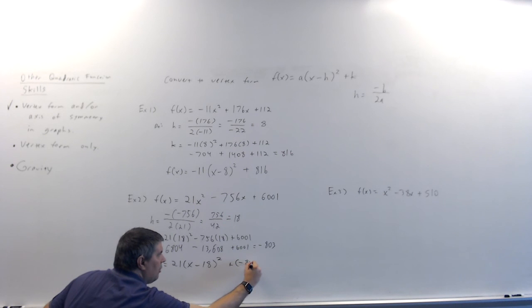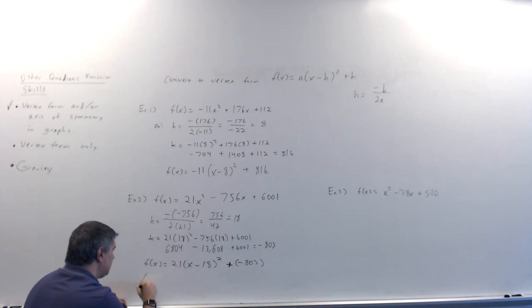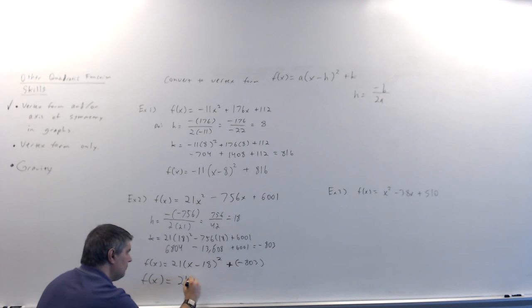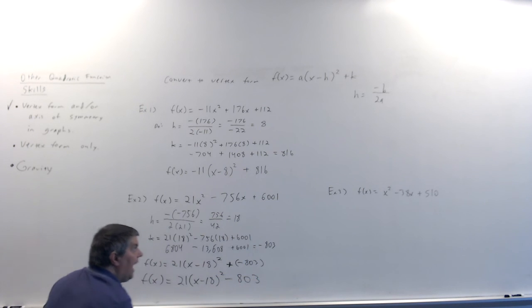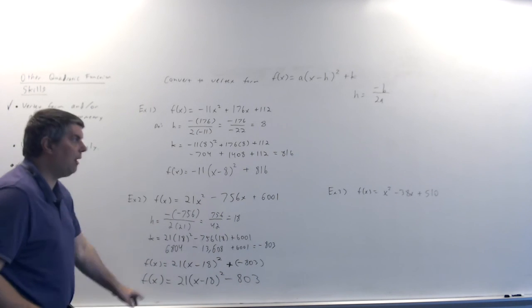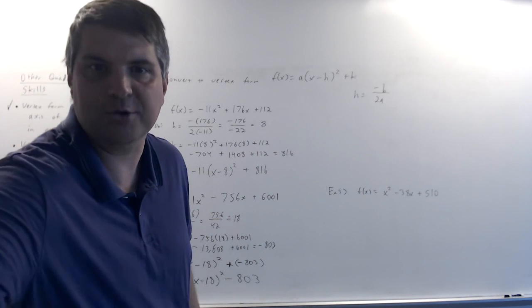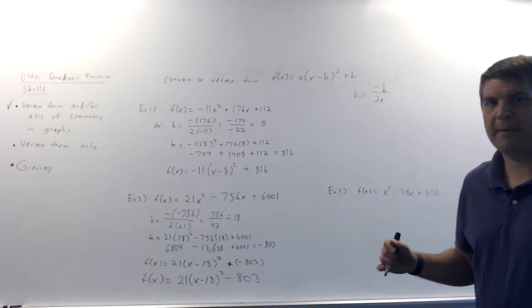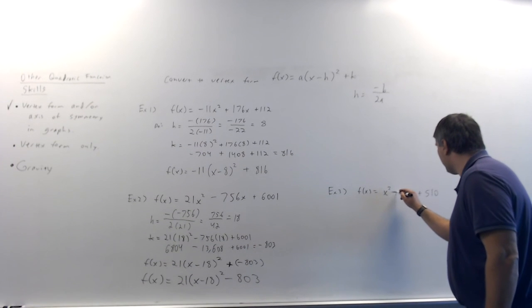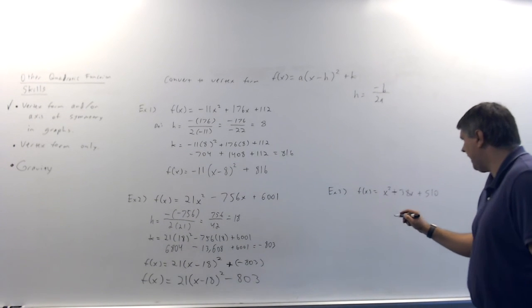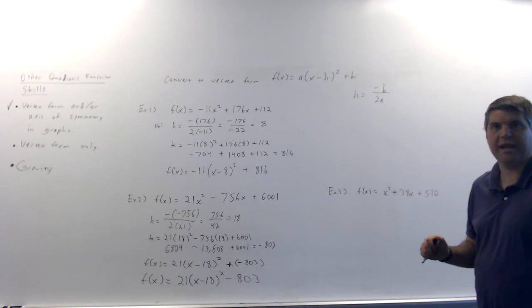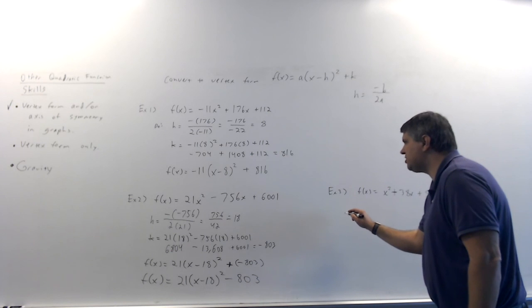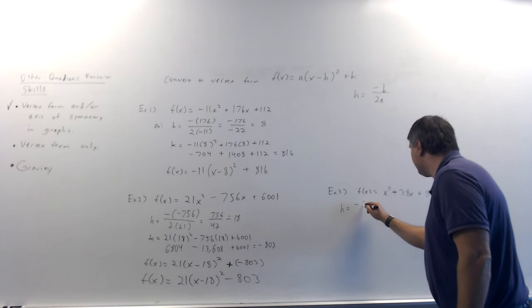Okay, so f of x equals a is 21, x minus the 18 squared plus negative 803, which will be promptly rewritten. Adding a negative is the same as subtracting. And I'm done. Okay? I will also check to make sure that one does what I wanted.